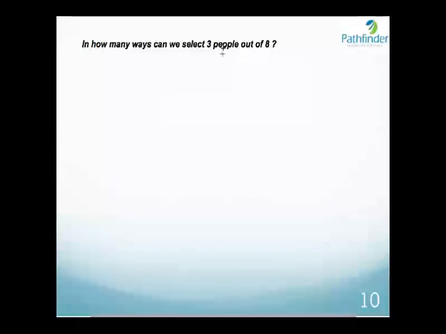In how many ways can we select 3 people out of 8 people? So we have to select 3 people out of 8 people. So N is equal to 8, R is equal to 3, and we know that the number of selections of R people out of N people is given by NCR, and applying the same formula we'll get the value as 8C3. And what is the value of 8C3?